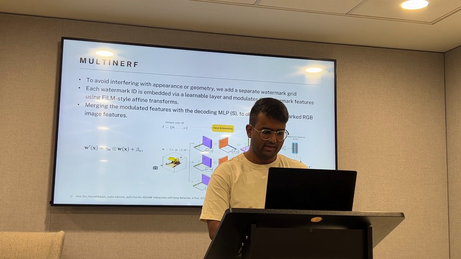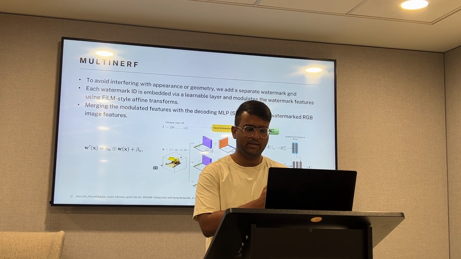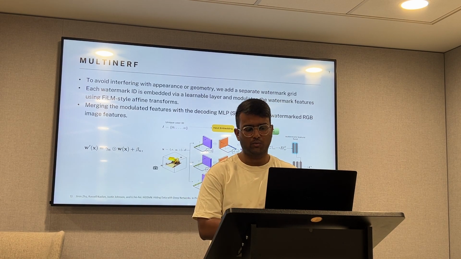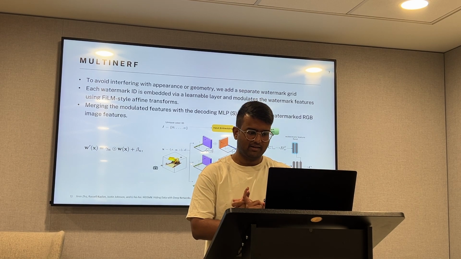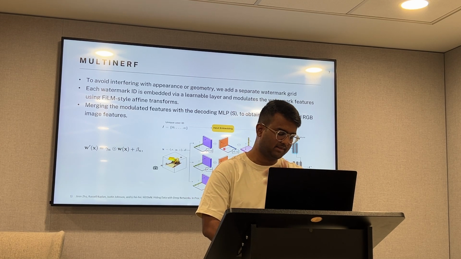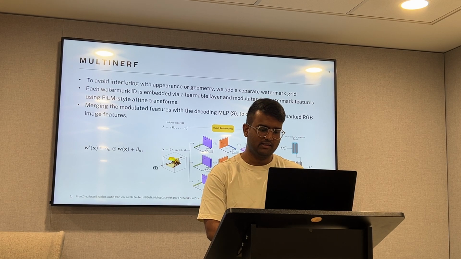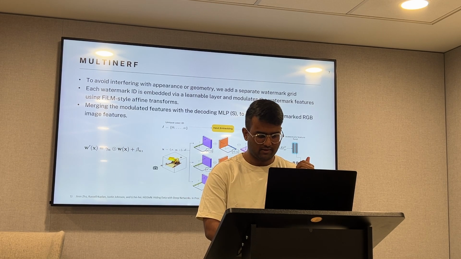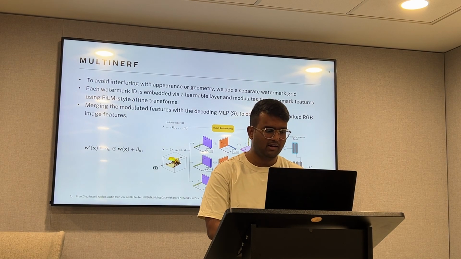In our case we have added a separate watermark grid, because in previous works they either embed the watermark into the color field or the density field. But for us, we added a new watermark grid, similar to the others, which outputs watermark feature values, a feature field.